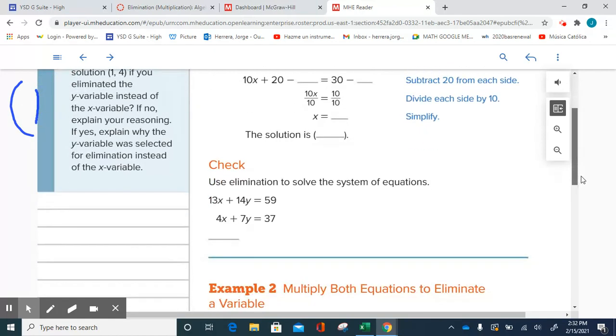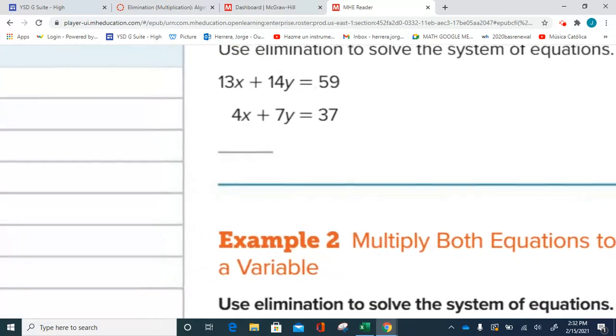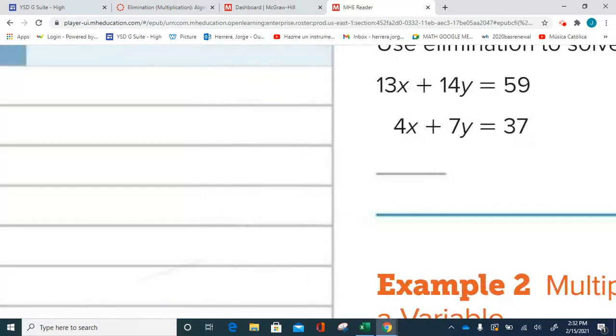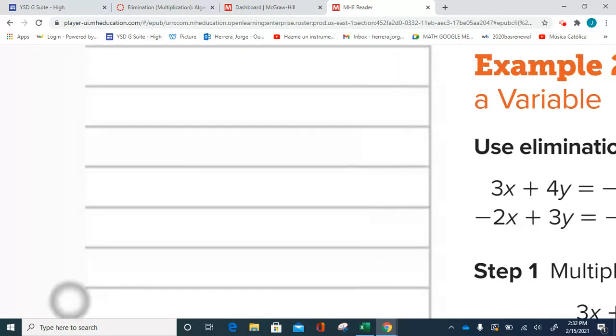So let's try to do this one right here. Yes, we'll erase all this here. Let's try this for practice, guys. How can we cancel something like this? Let me see if I can. Let's make it big, guys, and then I'm going to go up here and see if I can find my pen.